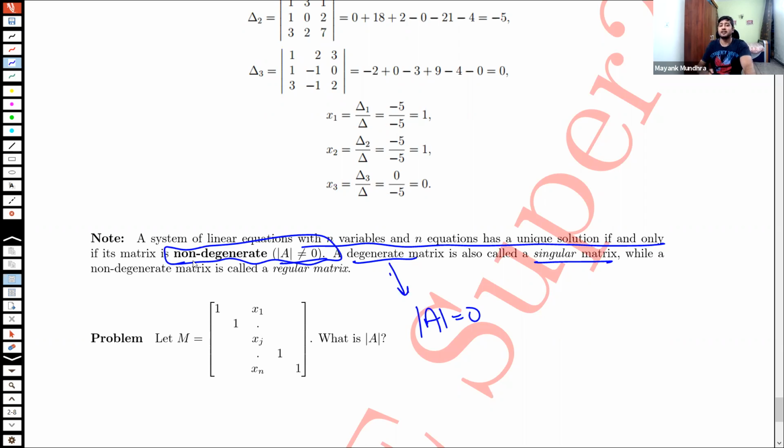I've added this later on because some textbooks and some exams use the terms non-degenerate and degenerate instead of singular and non-singular. So a singular matrix is a degenerate matrix, and a non-singular matrix is a non-degenerate matrix. They are one and the same thing. The only thing is that if you don't know the definition, you get stuck in the exam.